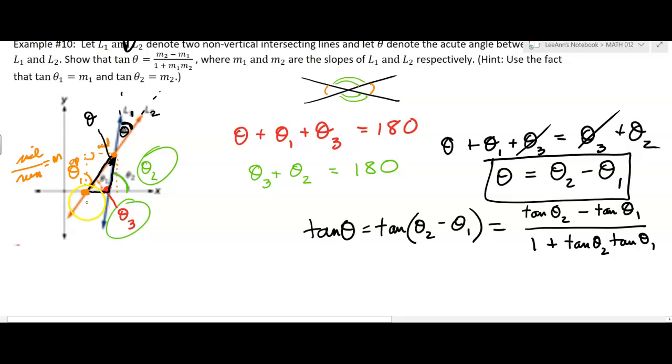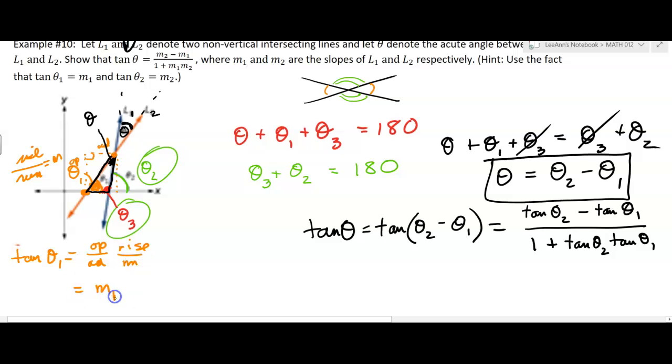So this was my theta sub 1 right here. The tangent of theta sub 1 would equal the opposite side over the adjacent side, which is the rise over the run, or the slope, sub 1.